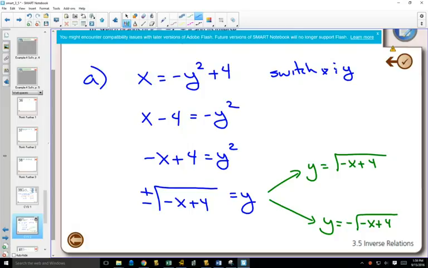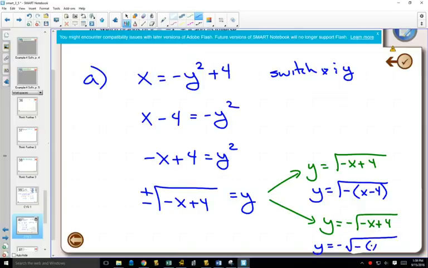So both of these would need to be rewritten with that negative factored out, and it's actually 4 to the right. Which makes that last equation really negative, right? Negative, negative, and negative. So it's actually 4 to the right.